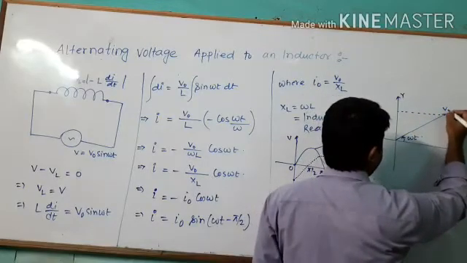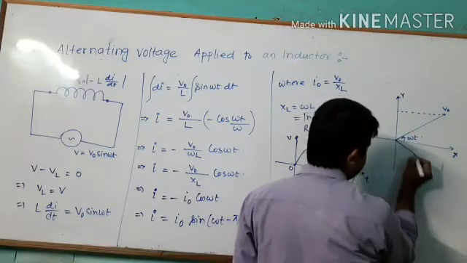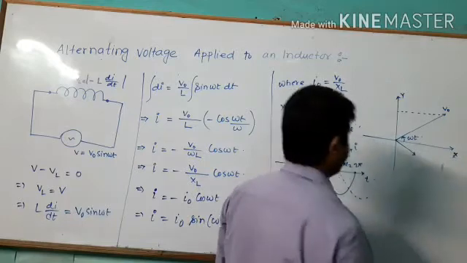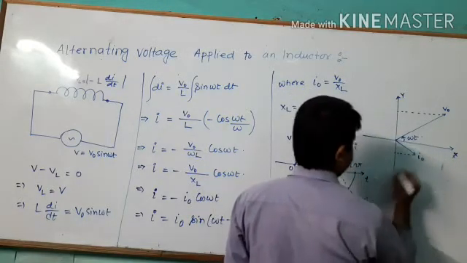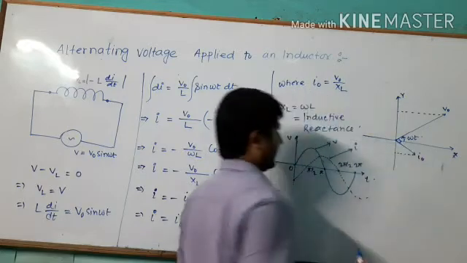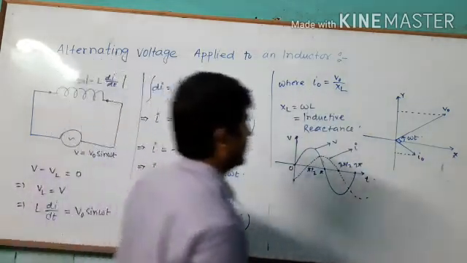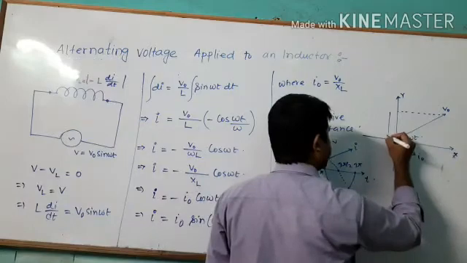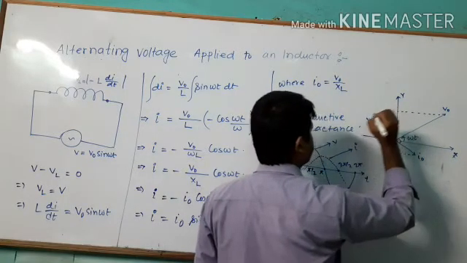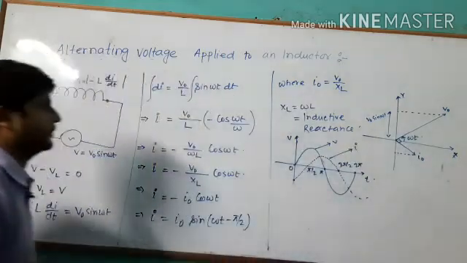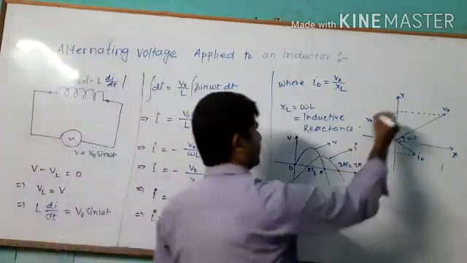This is voltage V0, then the current lags by angle pi by 2. So this is the position of this current. So this is I0. The angle between these two is 90 degree. This is the instantaneous voltage, that is V0 sine omega t.